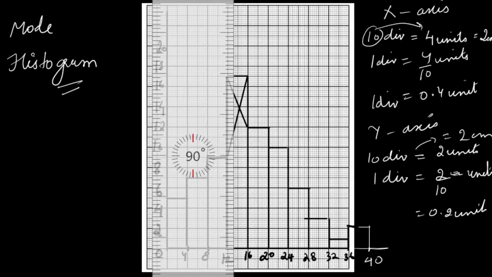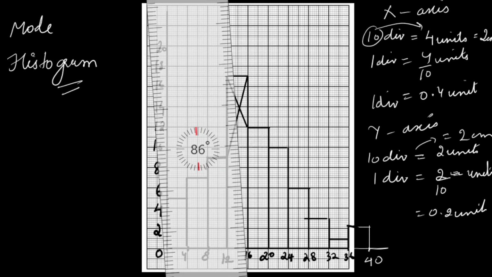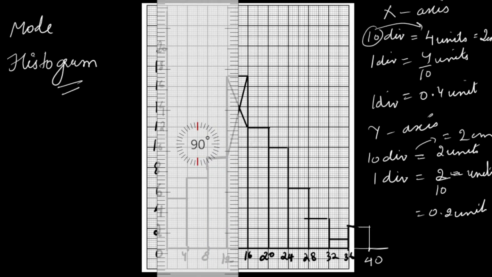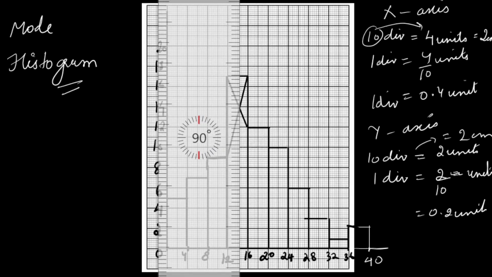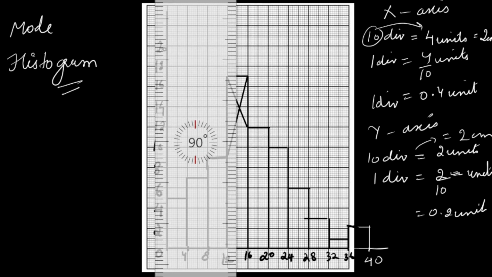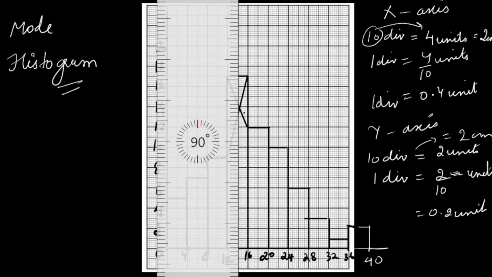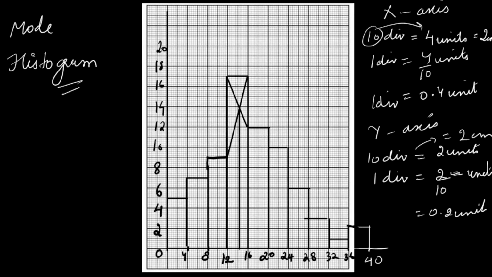Now their point of intersection, so this is their point of intersection that we can join. From the point of intersection we have to draw one vertical line which should meet x-axis, and the point where it is meeting x-axis, that is the mode. So this point is the mode.